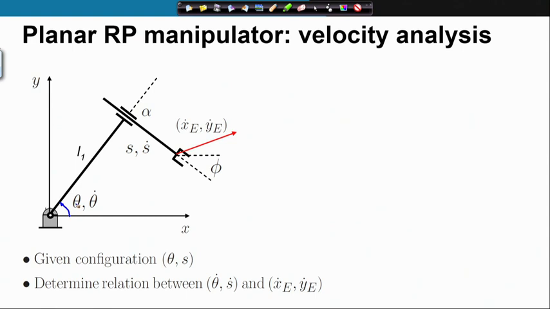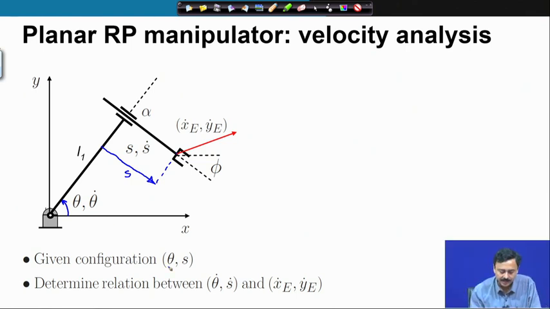One is this angle theta, and the other is the extension of the prismatic pair, which is S. So, this is S and this angle is theta.